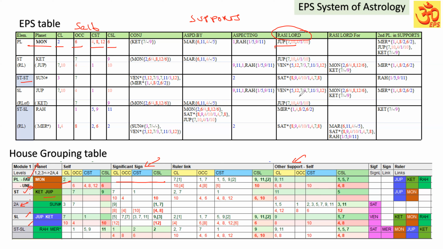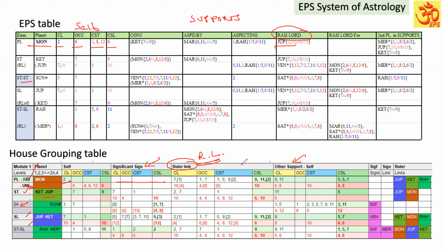Suppose there is one more column called ruler's link. What are ruler's links and all? I think we discussed in detail. Even in the upcoming videos also, we'll be discussing that, and in the examples also.